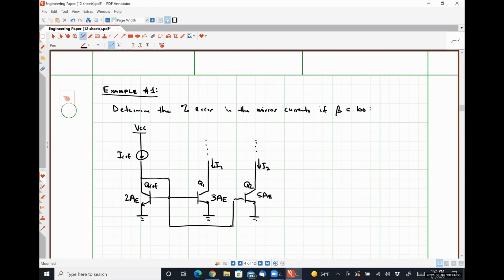So without including any error, what should the relationship be between I1 and IREF? How many IREFs is I1? N is 3, M is 2, so it's 3 halves IREF.